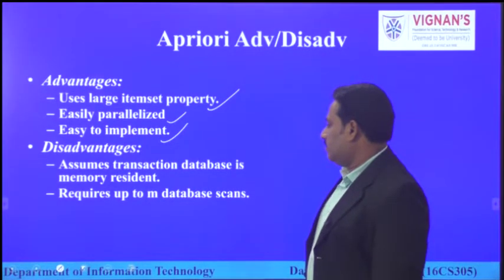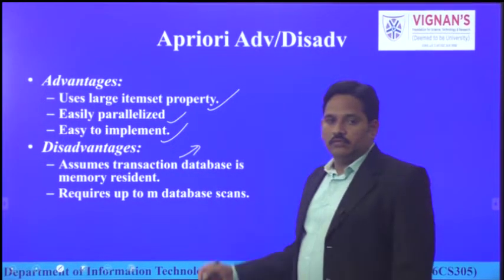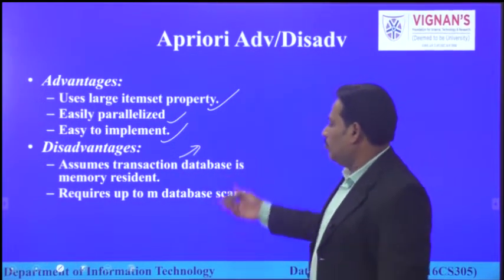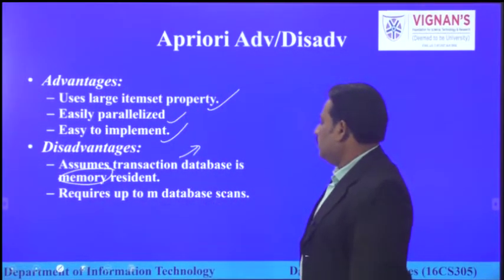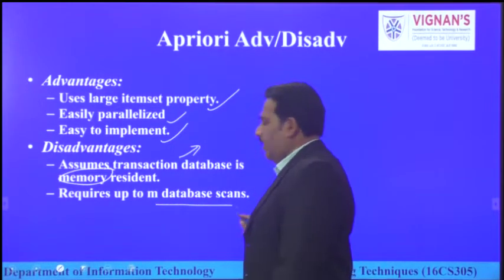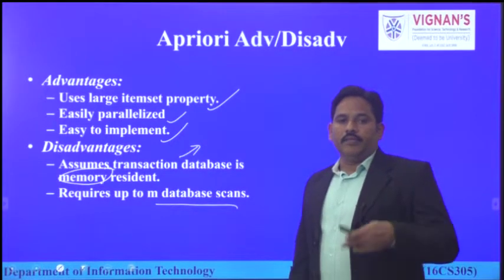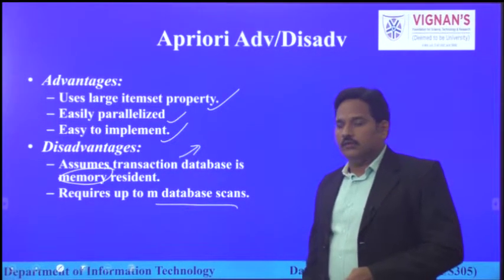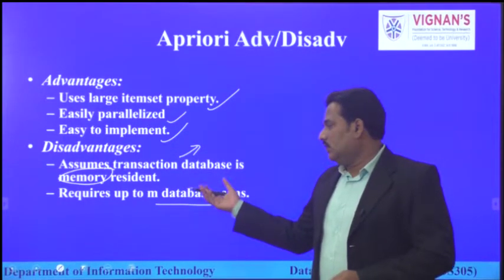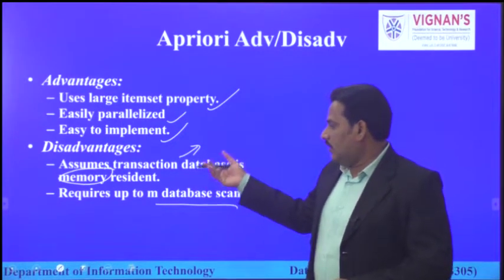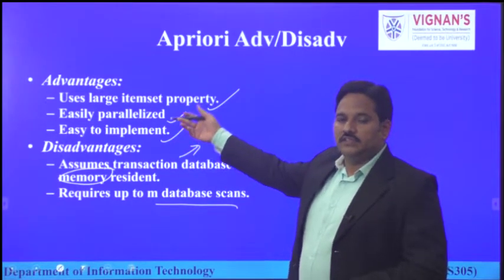When it comes to disadvantages, it consumes more memory when generating items, because when we generate more item sets, it requires more primary memory, and it requires more database scans, that is, more database read operations are going to be applied on the database. Now we can't say these are disadvantages, we can say these are challenges. When we have high-end memory or hardware support, we can convert these disadvantages into advantages.